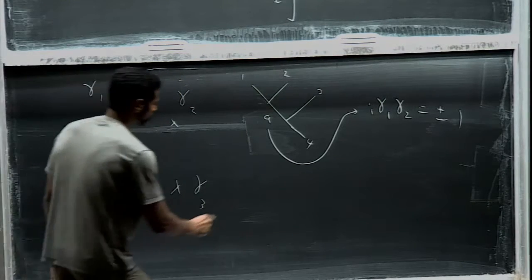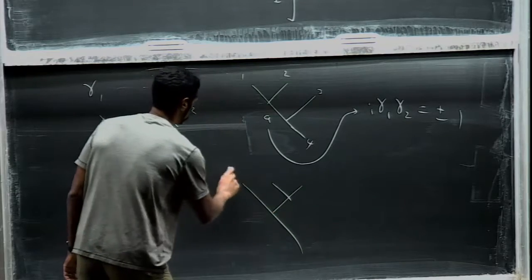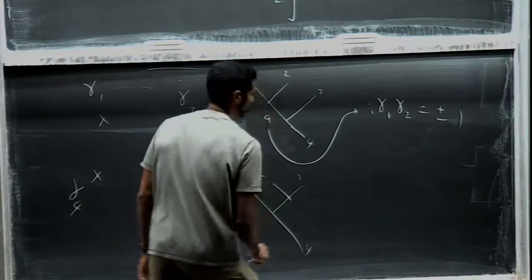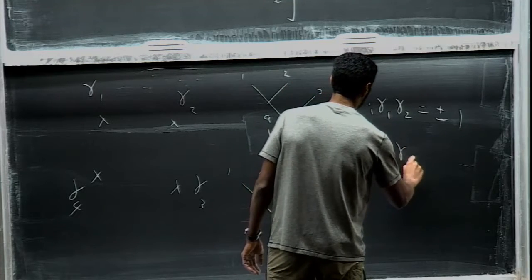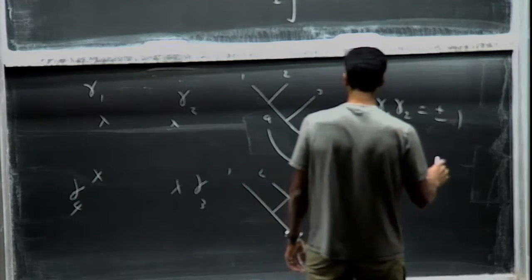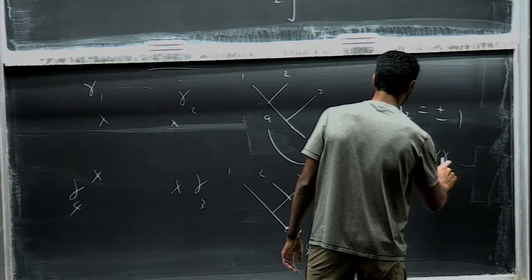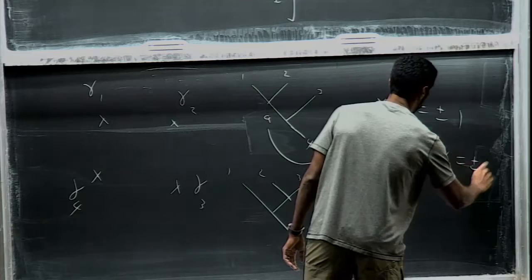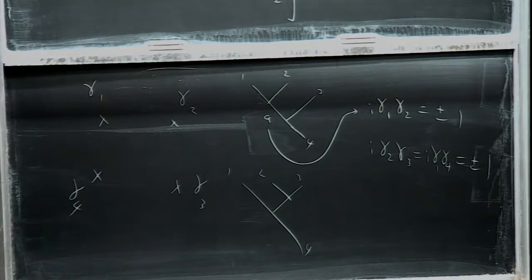The other basis over here is the basis of i gamma 2 gamma 3, which is equal to i gamma 1 gamma 4, equal to plus or minus 1, because I'm assuming the total fermion parity is 1 here.